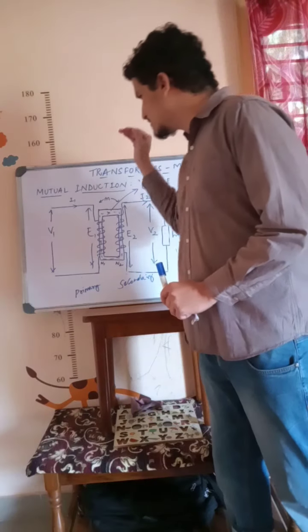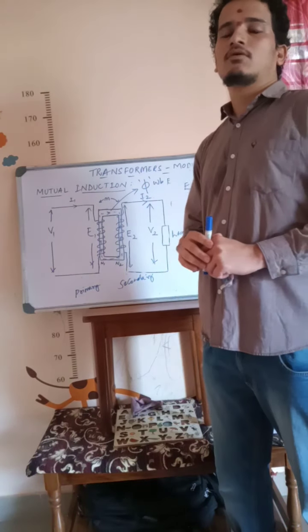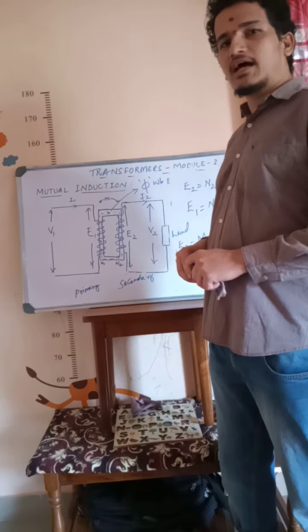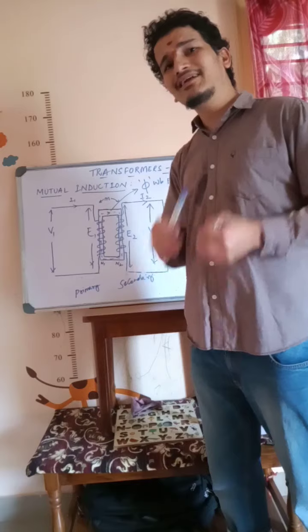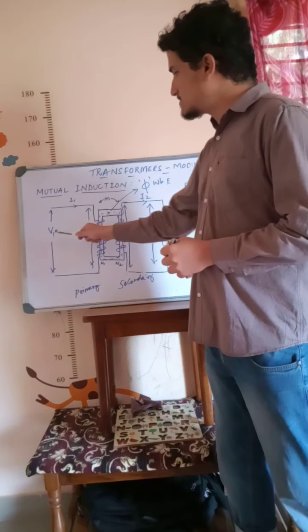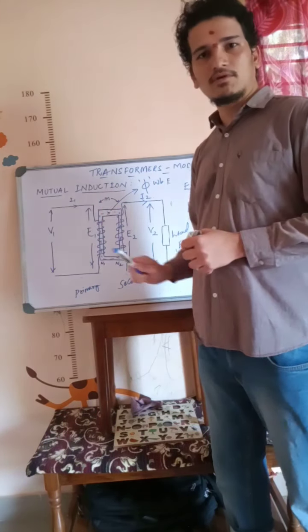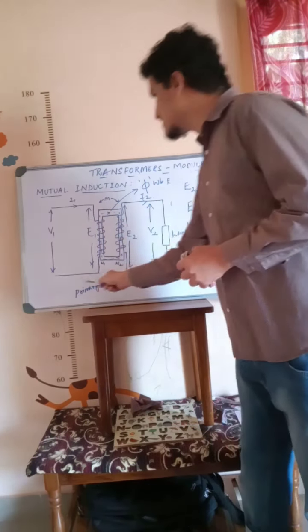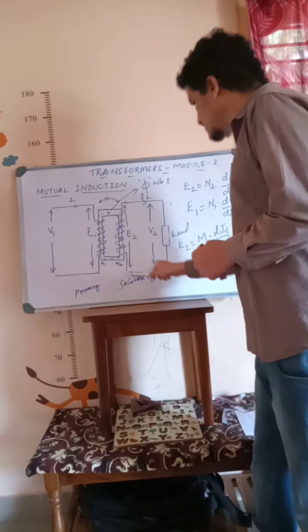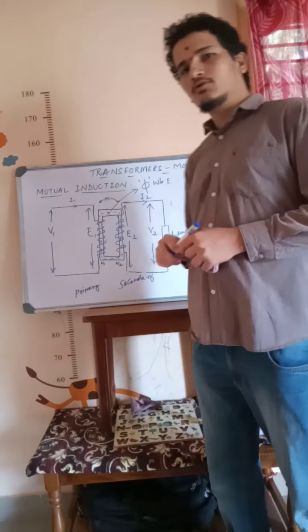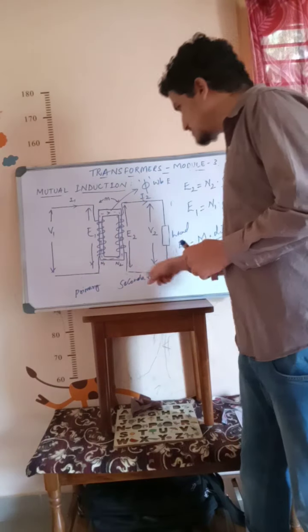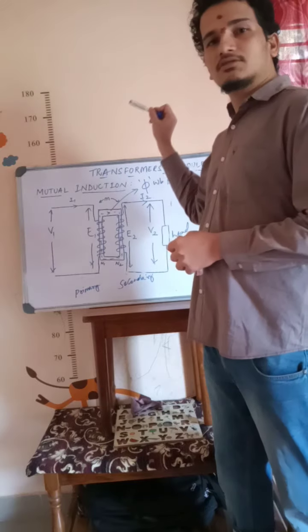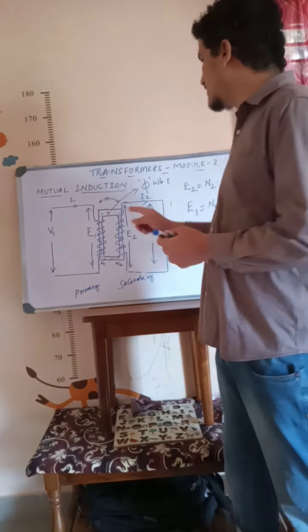So a transformer is a static device which transfers the power, the product of V1 into I1, the electrical power from one circuit to the other circuit without change in frequency.